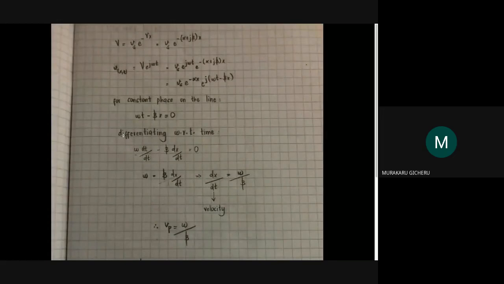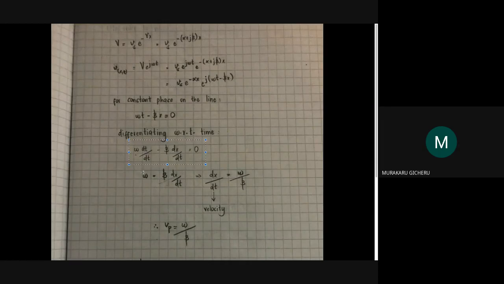So this will not be equal to 0. This will be equal to a constant, and then when you differentiate all the terms with respect to time, you end up with omega minus beta dx over dt equals 0.